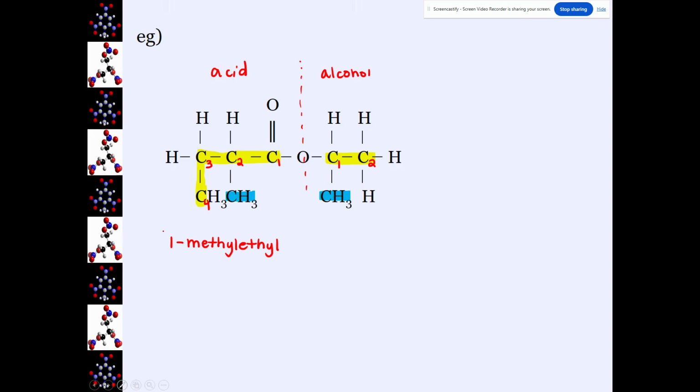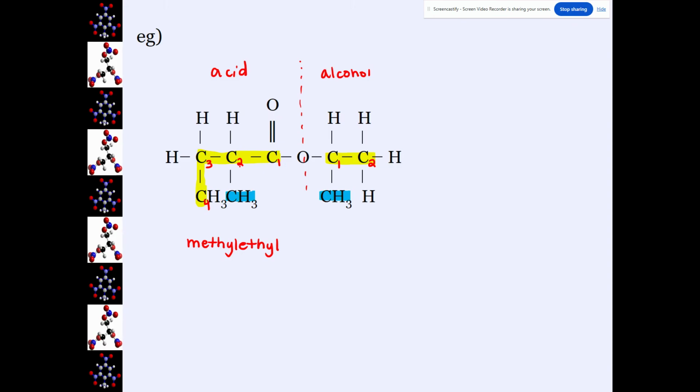Now, technically, we actually don't need the 1 here because that's the only spot a methyl branch could be. Because if it was on carbon 2, it would just become part of the longest chain on that side, and this side would then be called propyl. Okay, so you don't actually need the 1 there. It's just methyl ethyl. But if you put the 1, I wouldn't take a mark off because, again, you're kind of new at learning how to do this. But in an answer key, you would not see a number there. It's just methyl ethyl for the alcohol side.